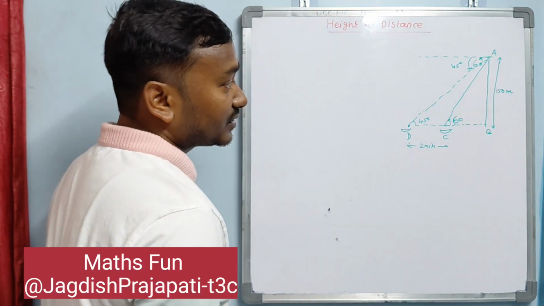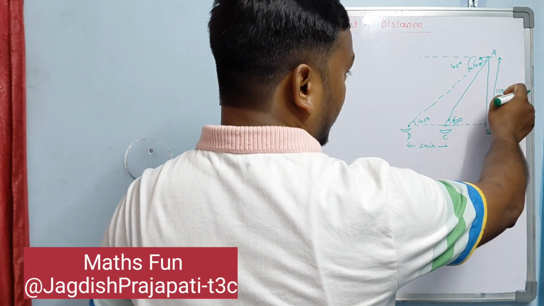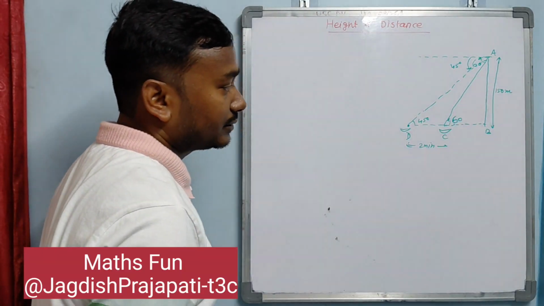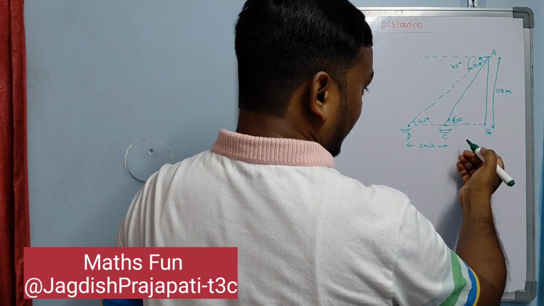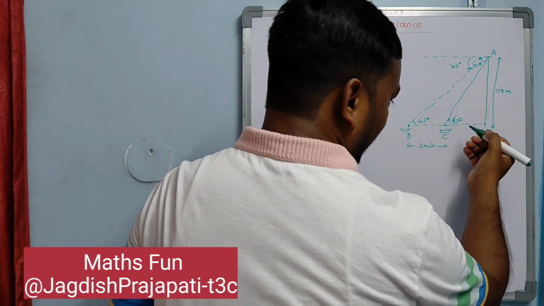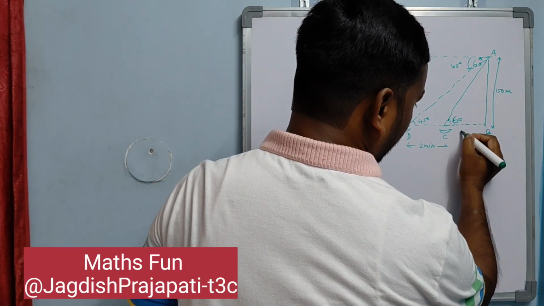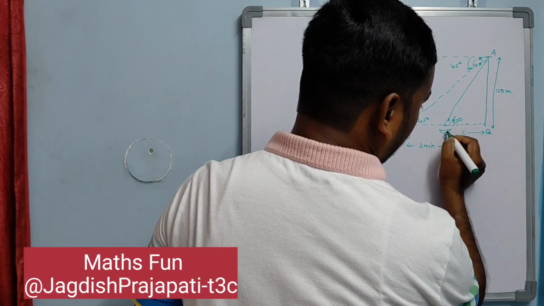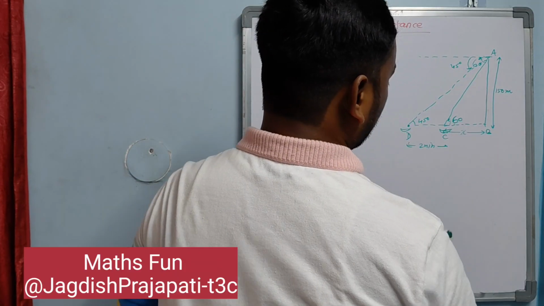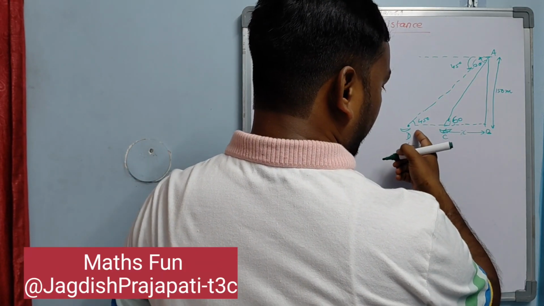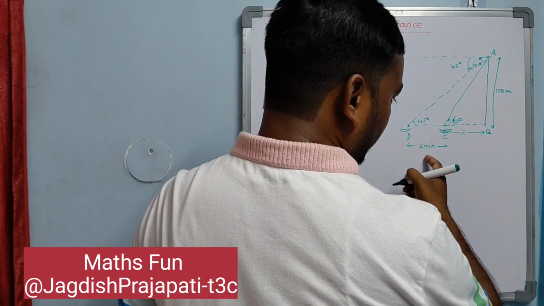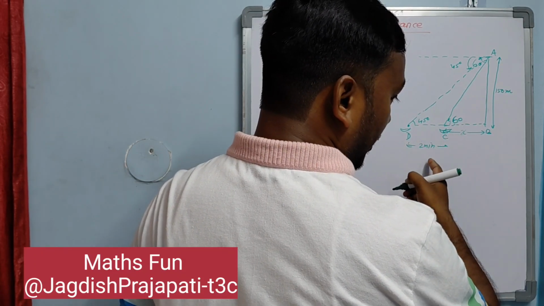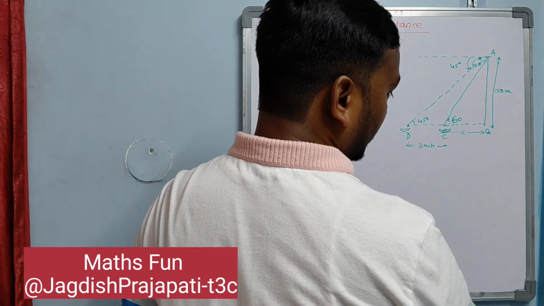This height is given. If we see this triangle, anyway we can find this. Let's say this is X. If we find this distance, then the speed will be distance upon time, so we can find that.